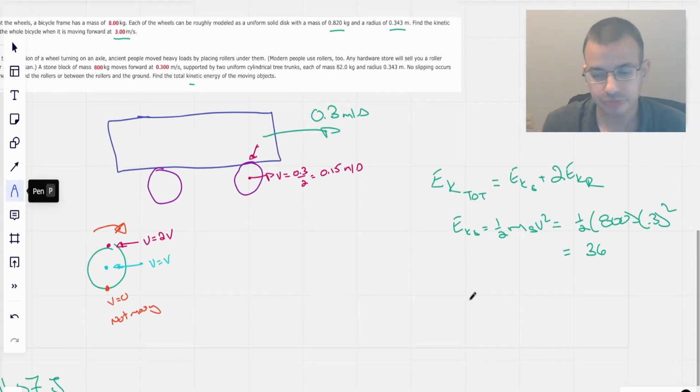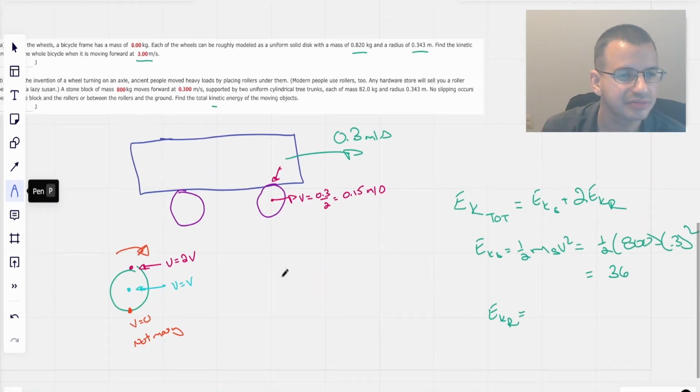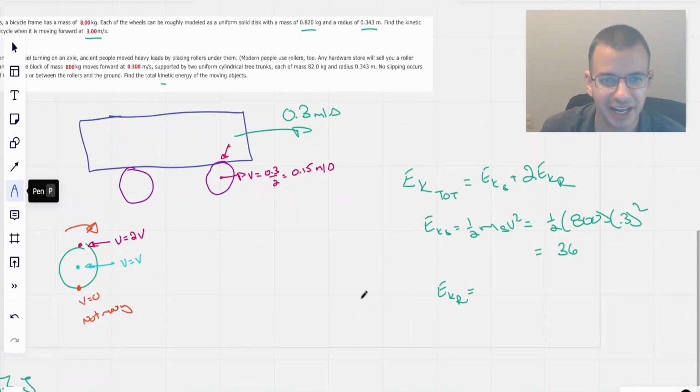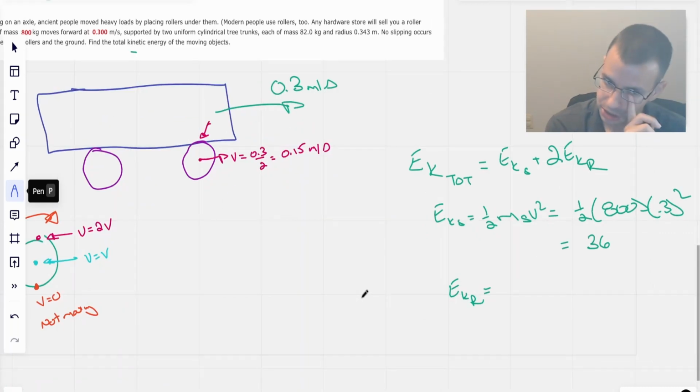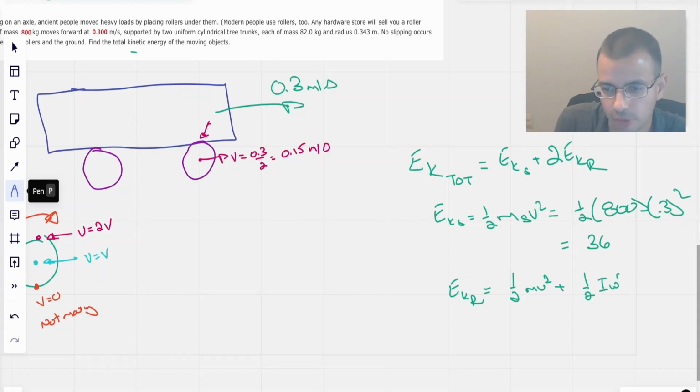36. Energy kinetic of a roller is now interesting. Maybe I should have foreseen that. I did not. Energy kinetic of a roller is going to be 1/2 mv squared plus 1/2 I omega squared.